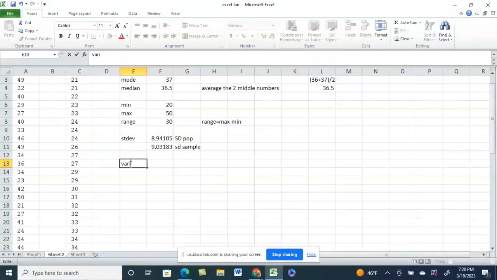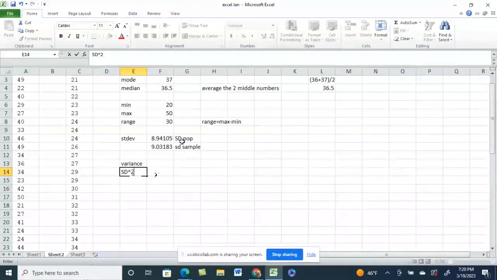Okay, then there's something called the variance, and that measures variability. And again, you can read more about the variance, but it's the standard deviation squared. So that caret, that upside down v, means exponent.